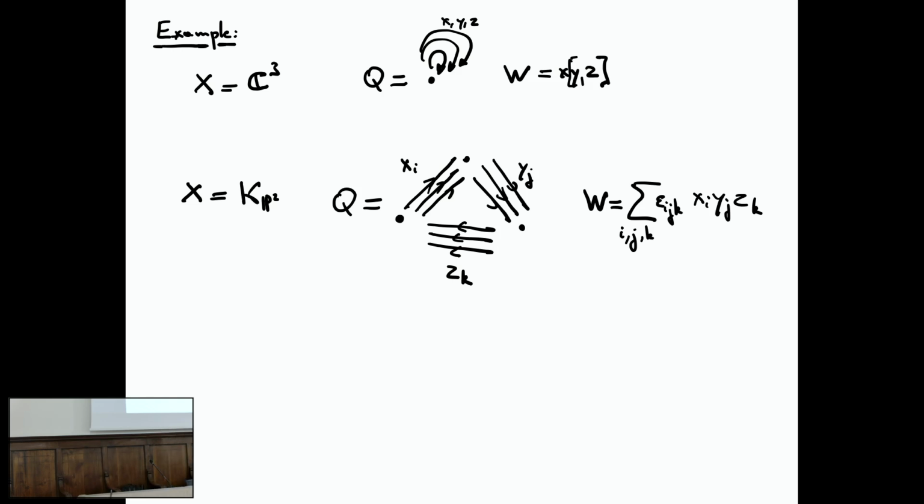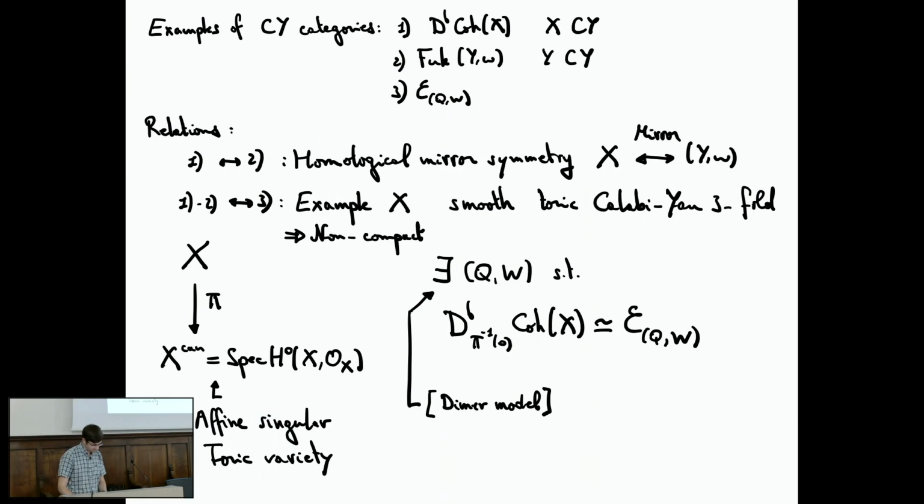Yes? In the first example, you're saying it's equivalent to the category of modules over CQW. Where in that category are you enforcing the fact that it's supported at 0, like X, Y, and Z equal to 0? Yeah, so this will come from this kind of finiteness condition I'm imposing.